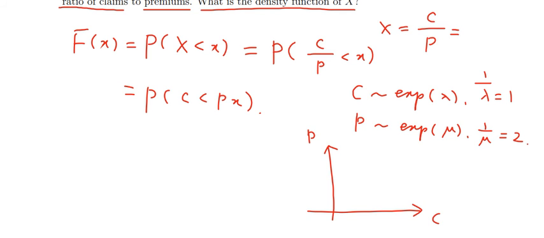So what is this region? C less than PX. Let's take equal, meaning this is a line, right? So C equals PX, where X is constant.